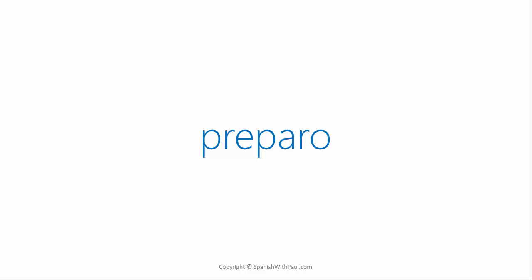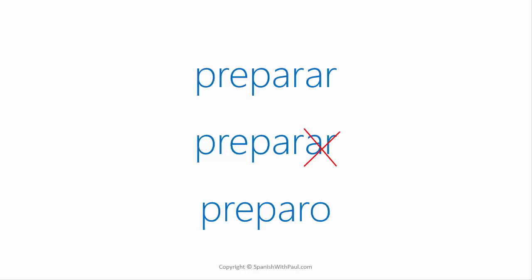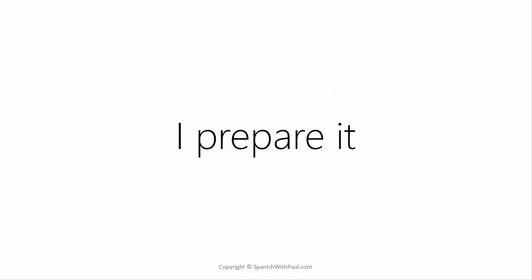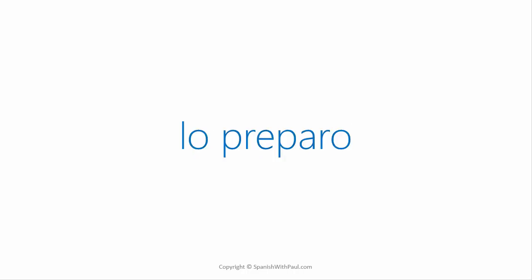Let's look at this once more all together. Start with the full verb preparar. We remove that AR ending and replace it with an O. We have preparo. So how would you say I prepare? Preparo. I prepare it. Lo preparo.